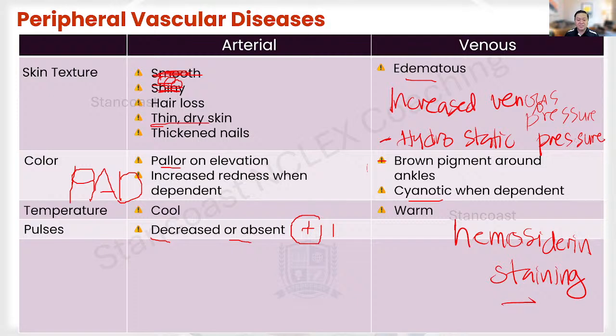And this is going to be an emergency, especially if there is no more pulsation, if you're not going to be able to really hear any of that pulse, even when you're using the Doppler. Have you seen this Doppler device that you can use to check the pulse if you cannot palpate it? That would be another diagnostic tool to determine if there is still a remaining pulsation to that extremity.